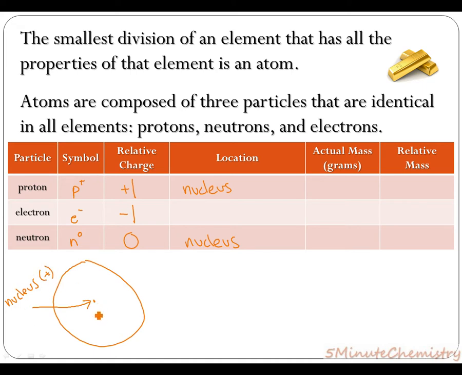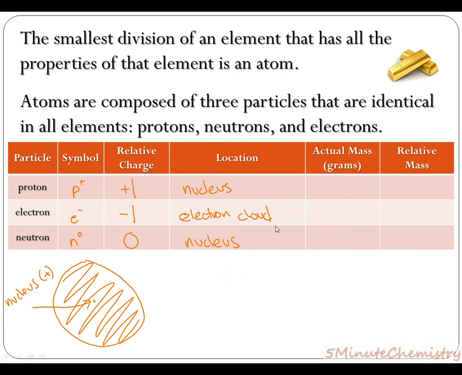Outside the nucleus, the thing that is flying around at very, very fast speeds around that nucleus is known as the electron, and it's found in what we call the electron cloud. Okay, so this outer area outside the nucleus is what we call the electron cloud, and that's all of this space all throughout there.